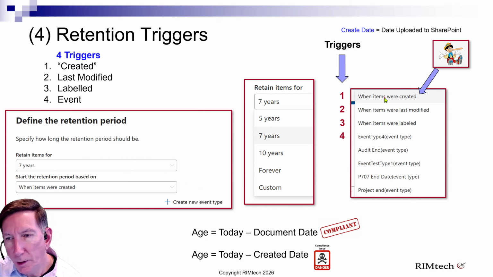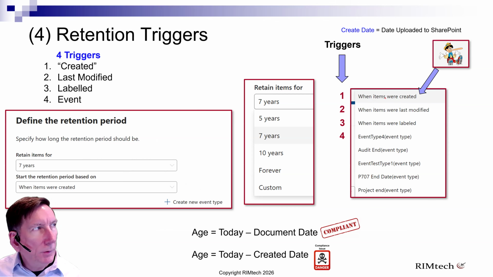But here's what Purview does. Purview says, how do I calculate the age? Same way. I take today's date and I subtract from it the created date. But the created date is not the date of the document. It's the date it was put into SharePoint. So it's a lie. And is that a problem? Yes. Is it a huge problem?